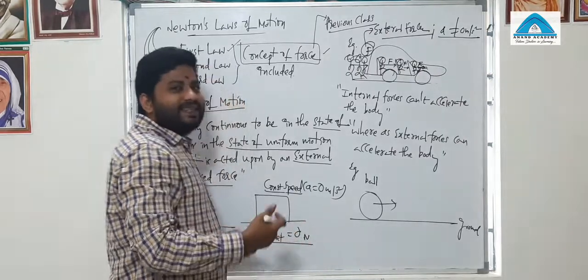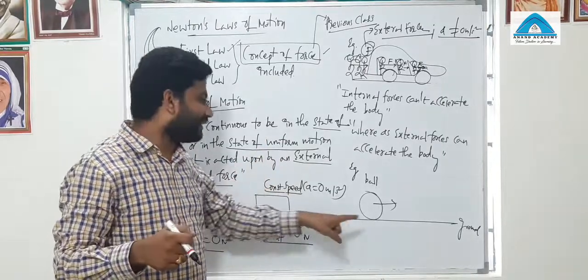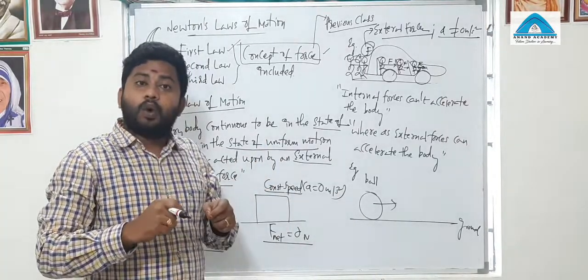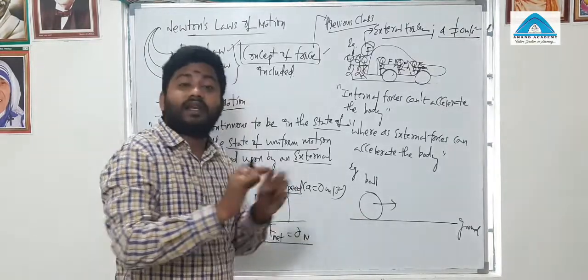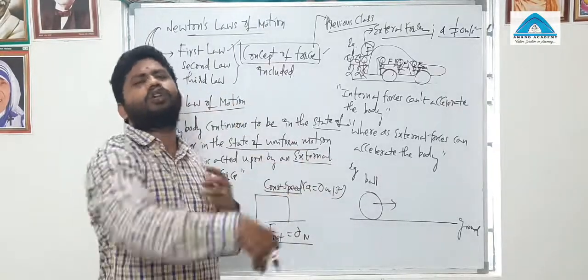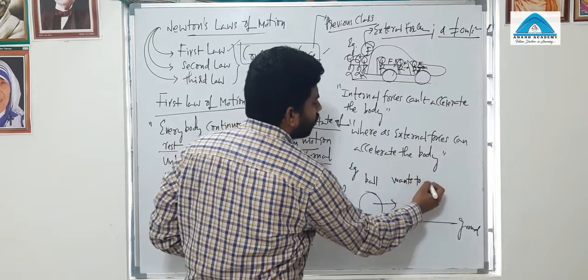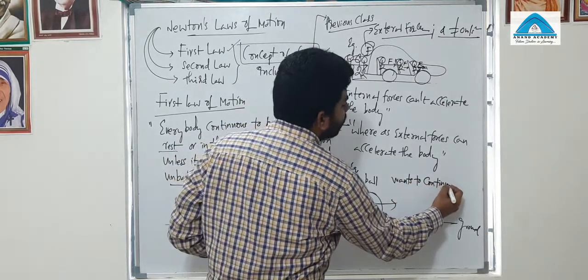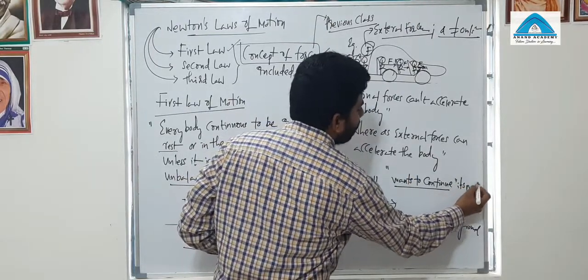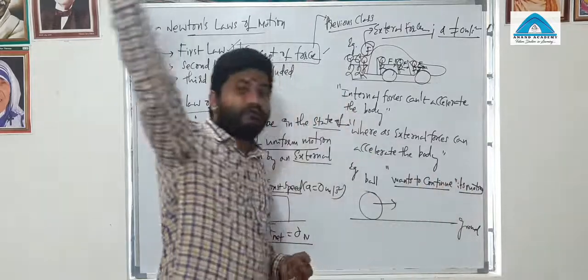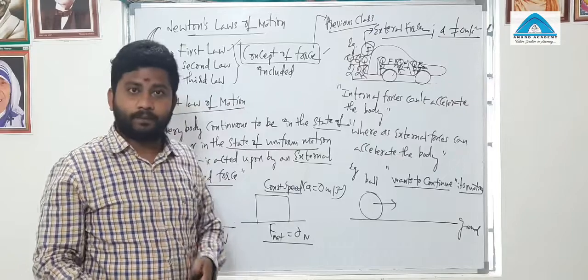The ball is in the state of motion, and as long as there is no external unbalanced force acting on the ball, it wants to continue its motion forever, because it cannot change its state on its own.